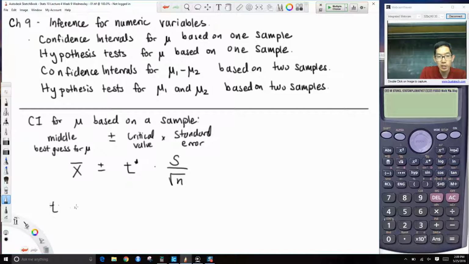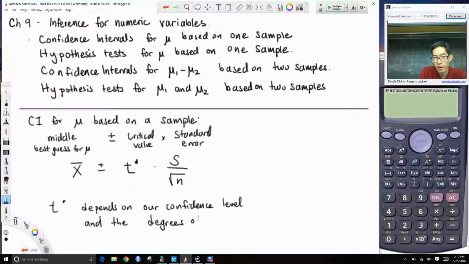The t star depends on our confidence level and the degrees of freedom, which is equal to n minus 1. So our degrees of freedom, df, is equal to n, our sample size, minus 1.